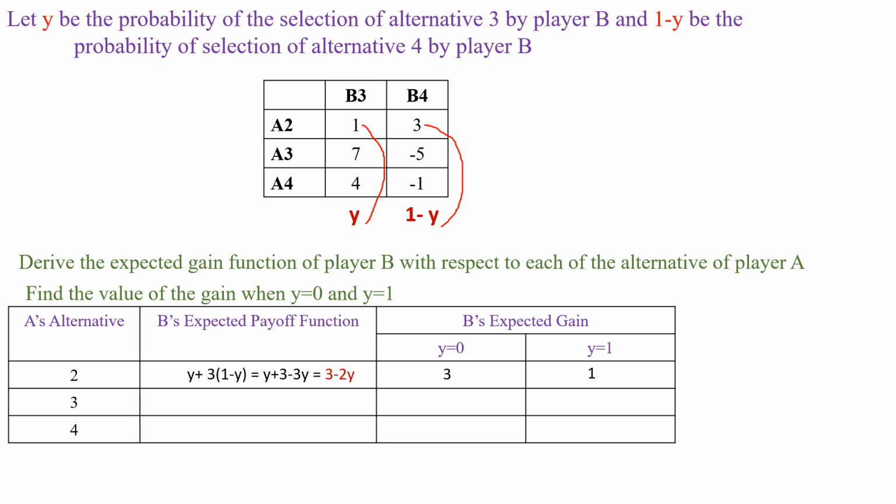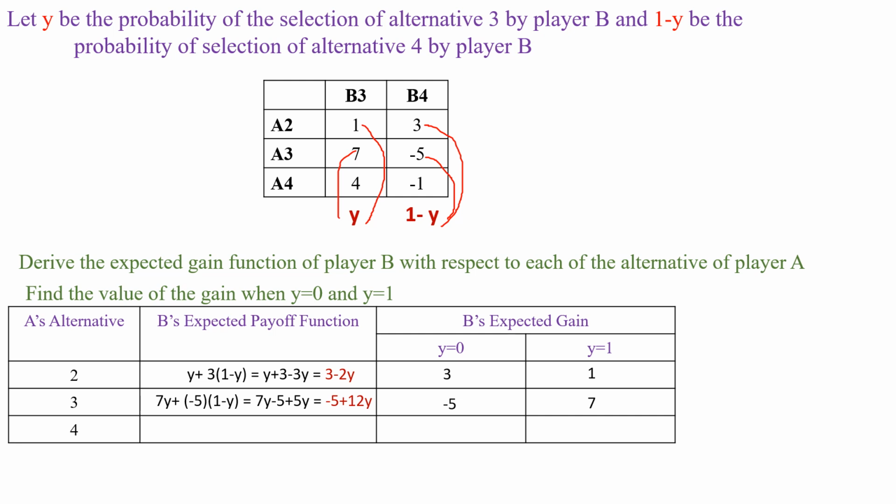So next, the expected payoff function is 7 into y plus minus 5 into 1 minus y, that is minus 5 plus 12y. Then I have to substitute y equal to 0, then we will get the gain value minus 5, and substitute y equal to 1, then the gain value is 7.